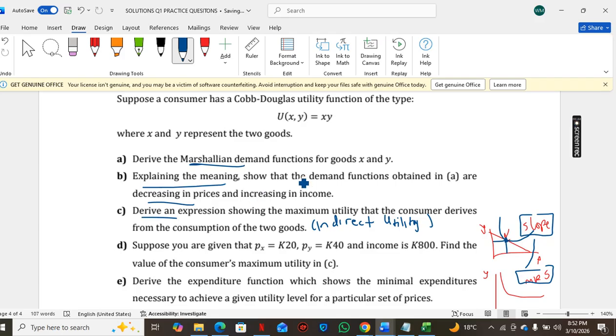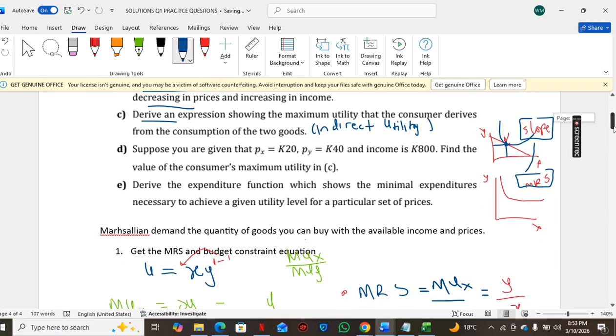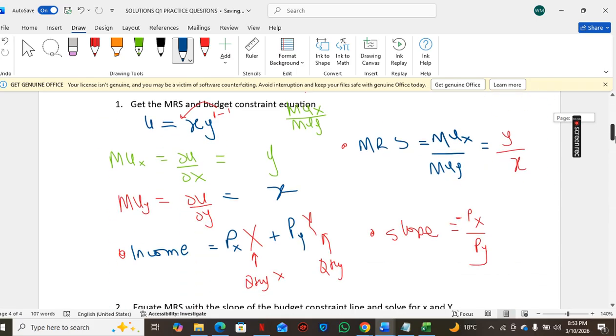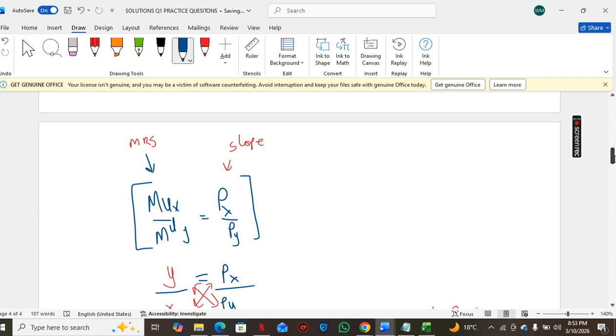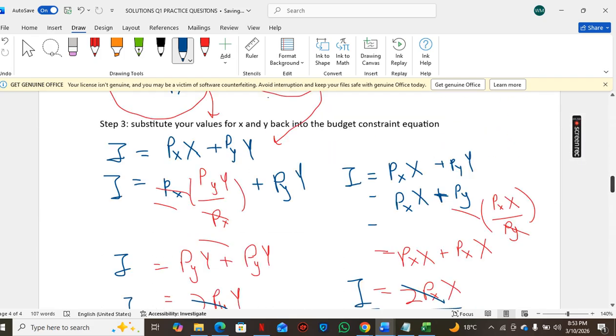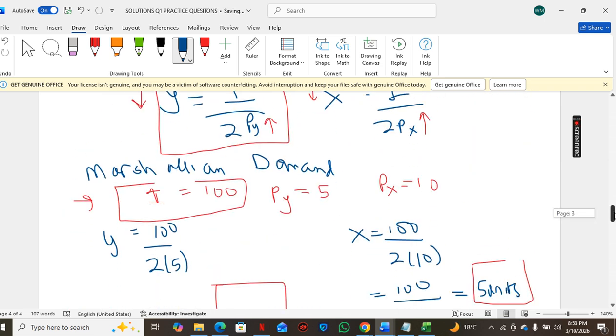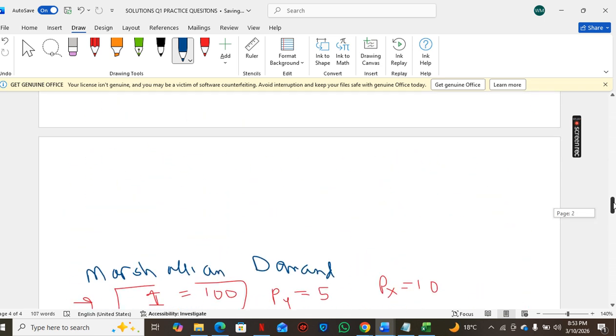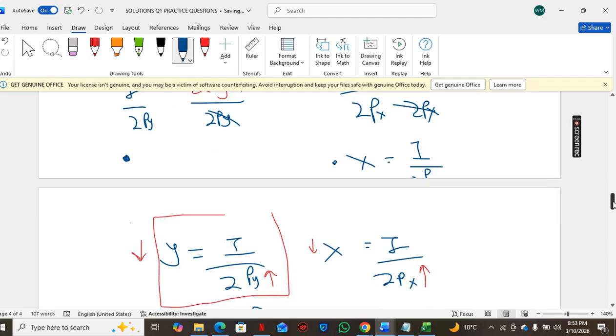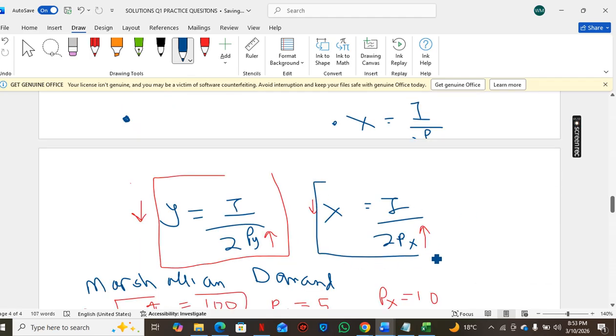So all that's happening here is this. Okay? We're going to get back to our utility function here. If you remember earlier on, we derived our Marshallian demand functions. Okay. So these two Marshallian demand functions, we're going to put them back into that utility expression.